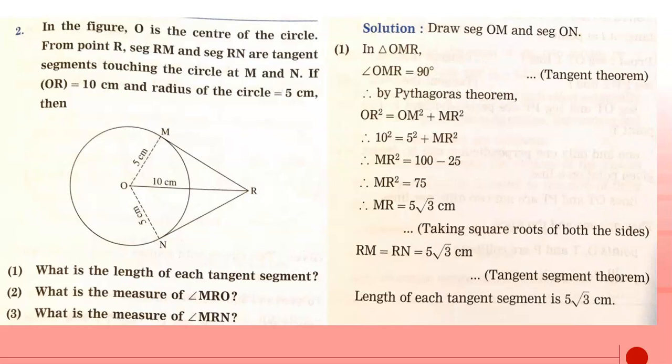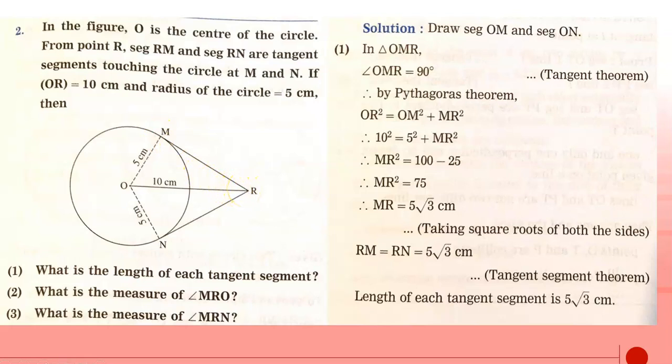First, in triangle OMR, over here we have OMR. In this triangle, angle OMR is 90 degrees, tangent theorem. Therefore, now by Pythagoras theorem, I can say OR square is equal to OM square plus MR square.